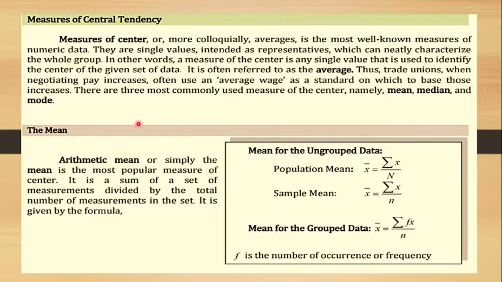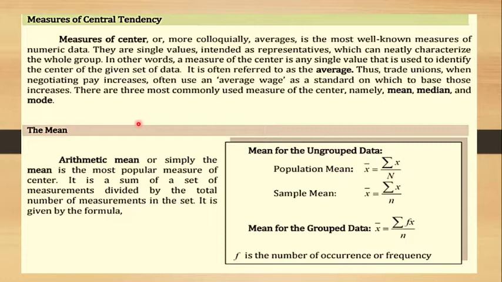So what is arithmetic mean? So the arithmetic mean, or simply the mean, is the most popular measure of center. So it is the sum of a set of measurements divided by the total number of measurements in the set. So it is given by the formula.